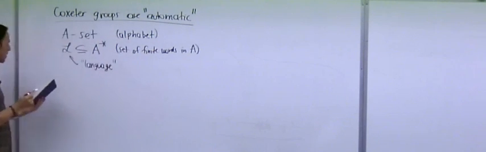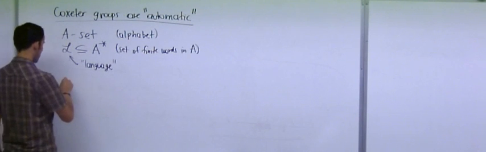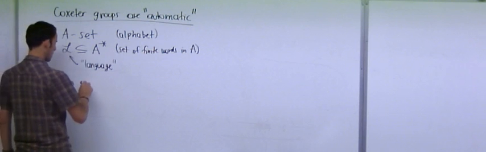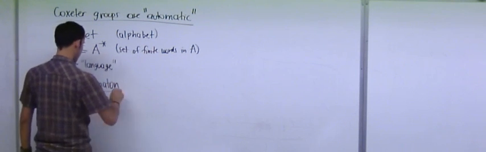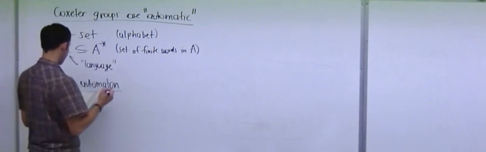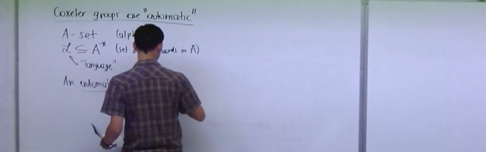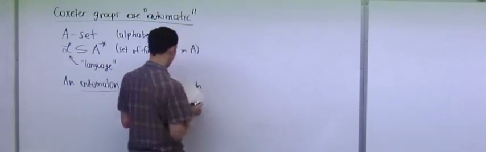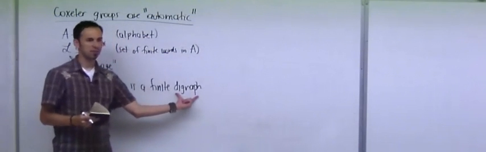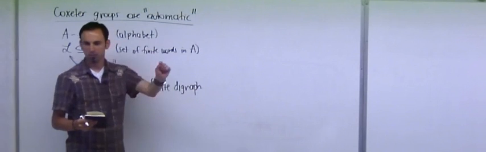Okay. Now, let me tell you what an automaton is. This word is hard for me to say. An automaton is a finite graph, a finite digraph. And so when I say digraph, I mean it's a graph where each edge has a direction. Either a forward edge or a backward edge.